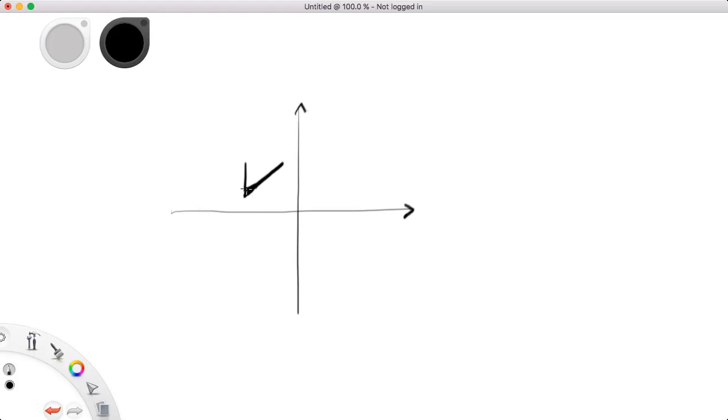Okay, so let's say that we have something that looks like this, a triangle, right? What we learned about in geometry class is that you can take something like this and you can transform it according to certain rules, right?